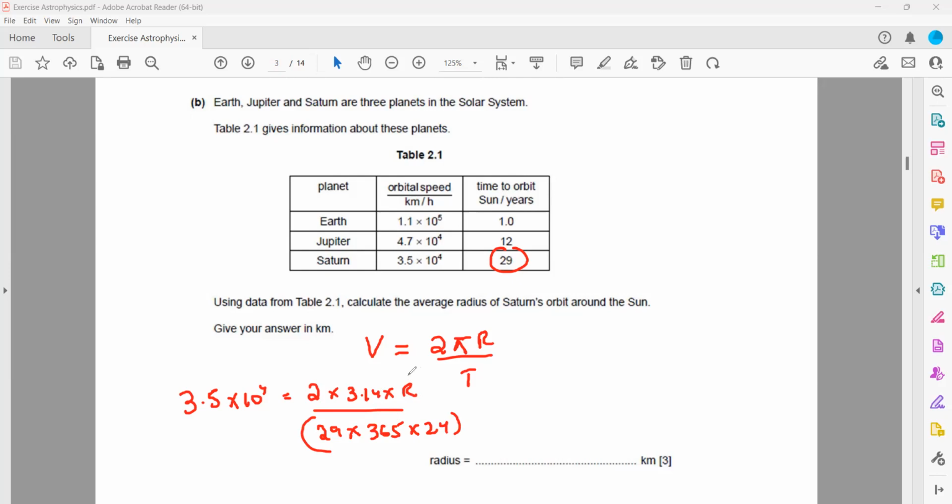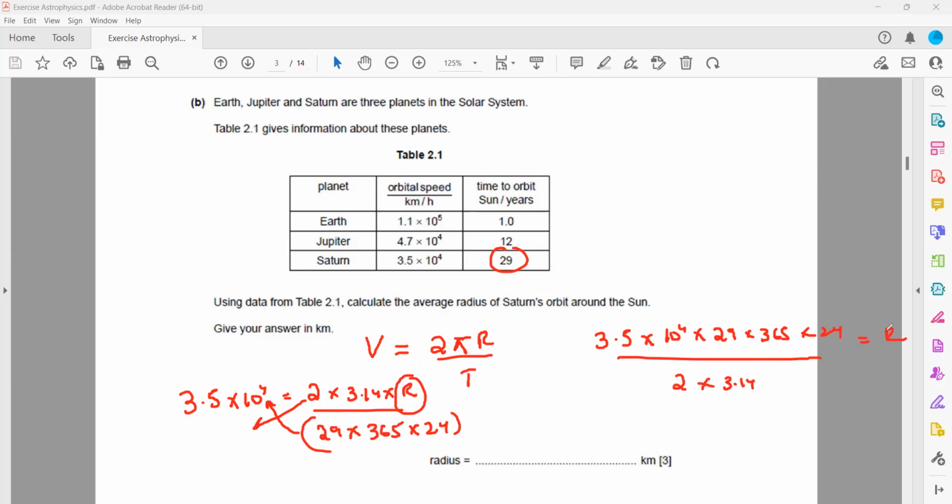Then R is our subject, we need R. So this whole factor is divided, so on the other side it will be multiplied, and what is multiplied will be divided. So it will be 3.5 into 10 to the power 4 times 29 times 365 times 24 divided by 2 into 3.14.